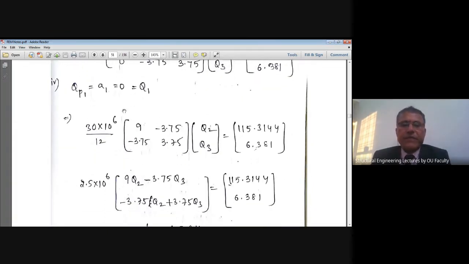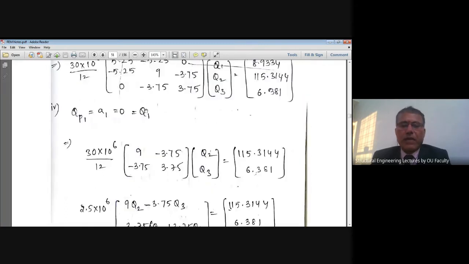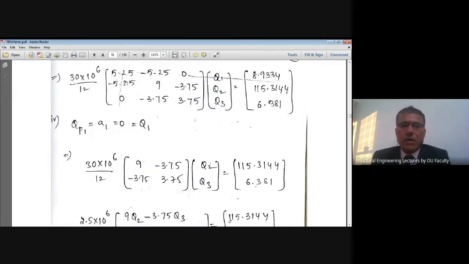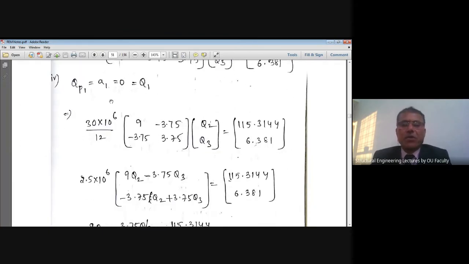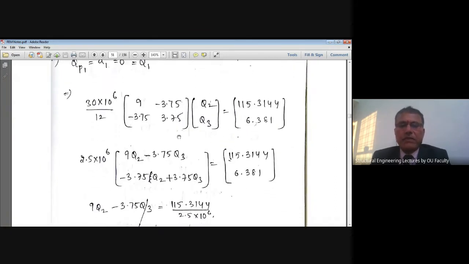Hence, the modified stiffness matrix, which is a 2 by 2 matrix. Now this is gone. Only these are the terms that are left, which is now the modified stiffness matrix Km operated upon Qm, the modified displacement vector, is equal to the modified load vector. It gives two simultaneous equations.